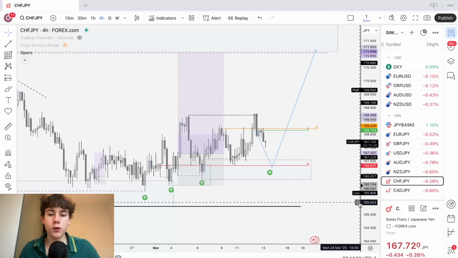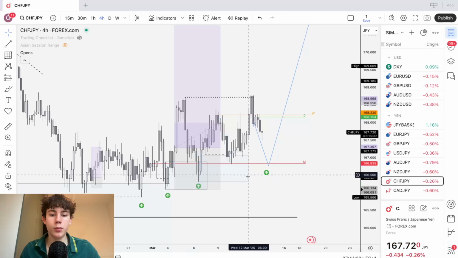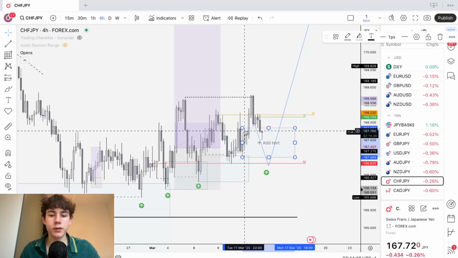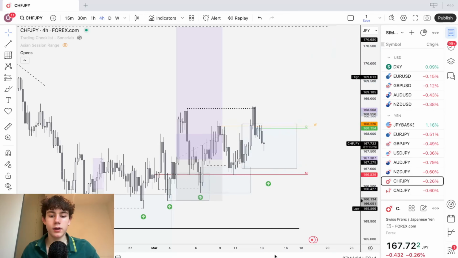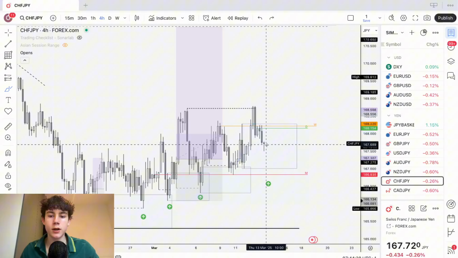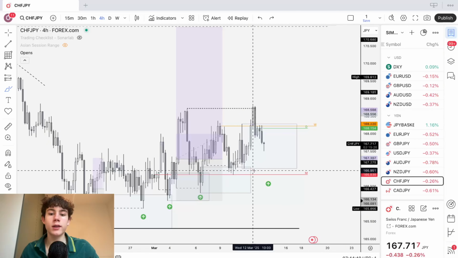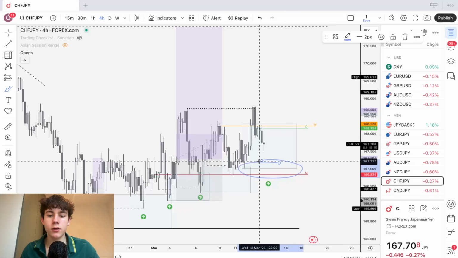Looking at the 4 hour though, I know that a lot of people are buying from this demand zone, right? They think, okay, we have clear demand, we have bullish order flow, and from this demand we will go long. So what is happening? Everyone is buying and their stop losses are over here.